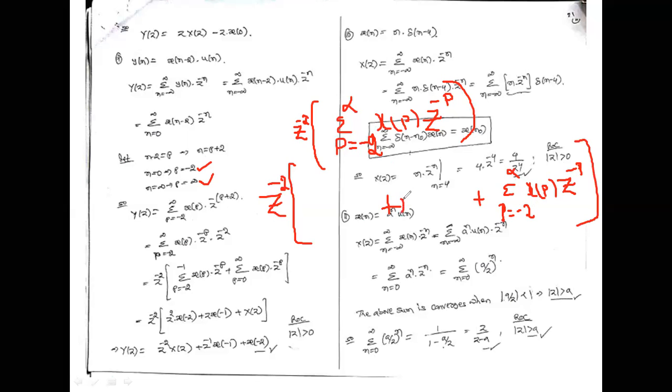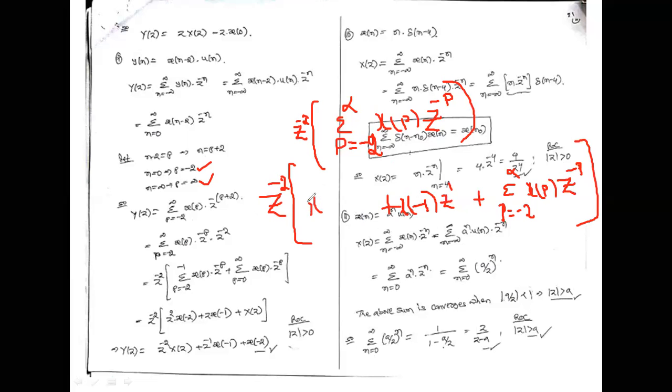So x of minus 1 if I am taking, and the p value is also minus 1. So z power minus 1 becomes z power 1. And what is the before value? It is 0. Okay, that 0 value. What is the 0 here?